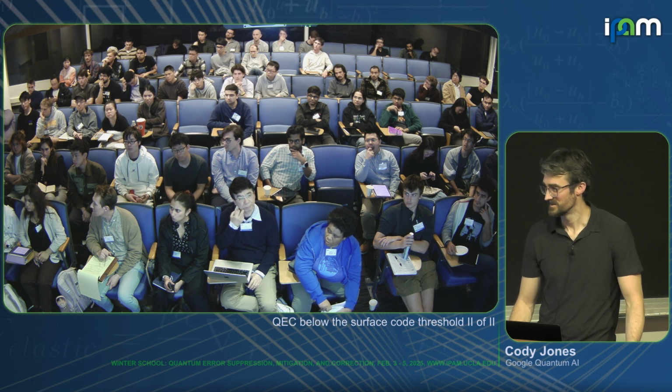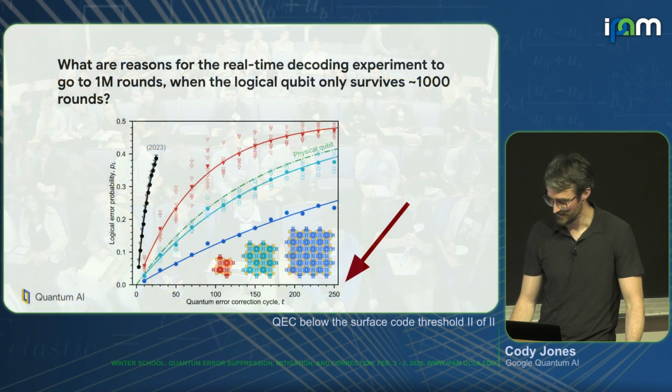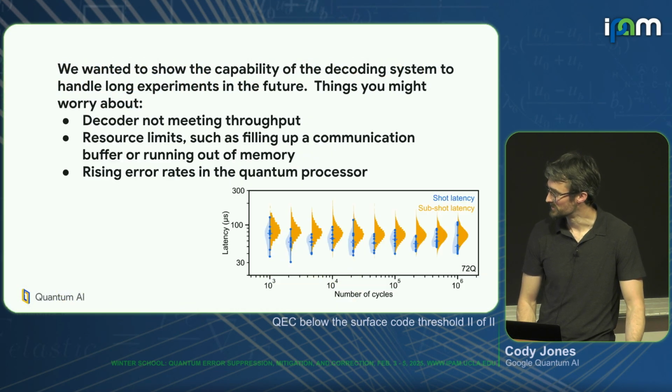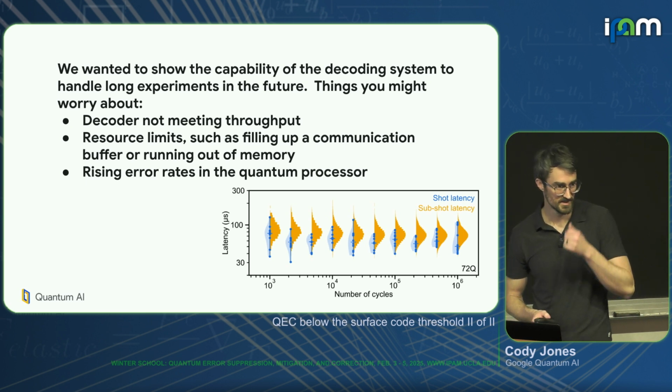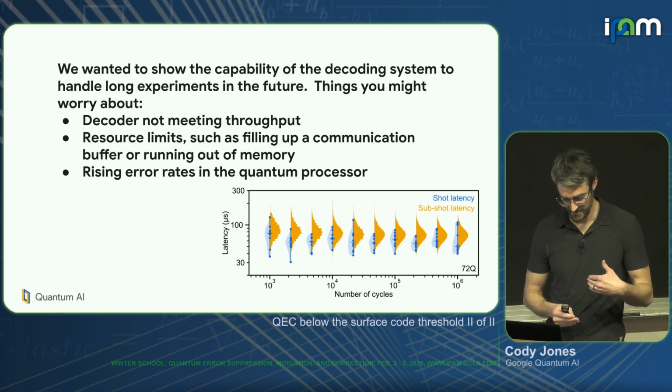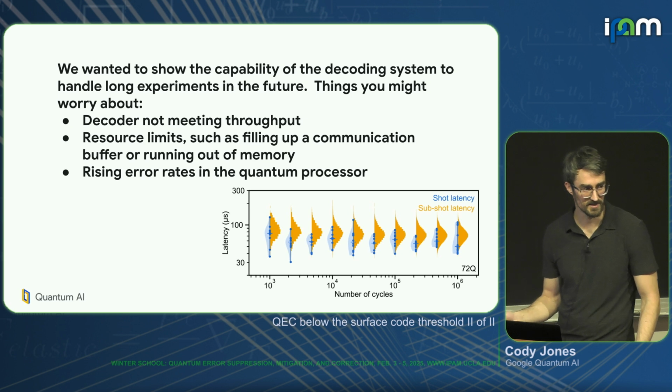I think I agree with you. The issue is you want to make sure that your decoder is always keeping up, that there isn't some sort of situation where it works at short experiments, but then at some point it's building up a backlog.